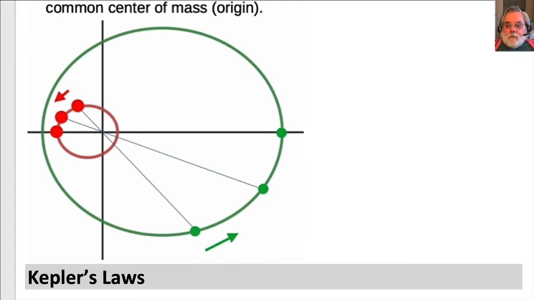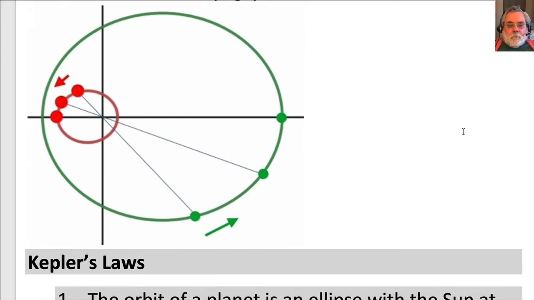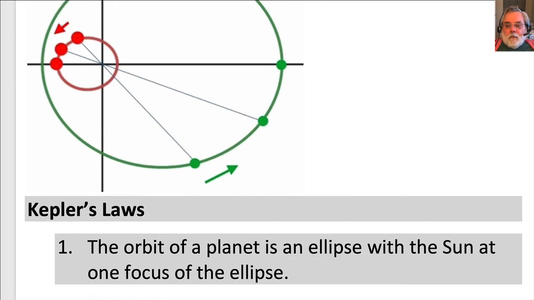Prior to Newton, Kepler contradicted Ptolemy and identified 3 empirical laws of planetary motion based on astronomical observational data. The orbit of a planet is an ellipse with the Sun at one focus of the ellipse.